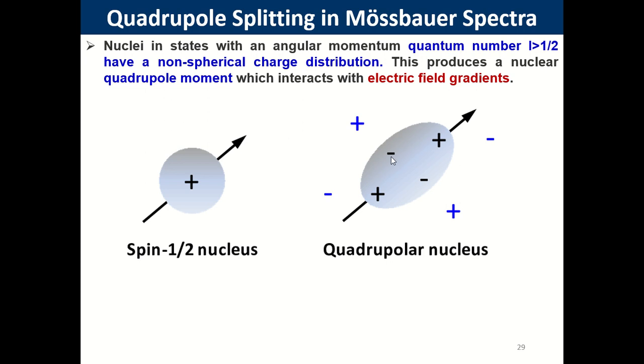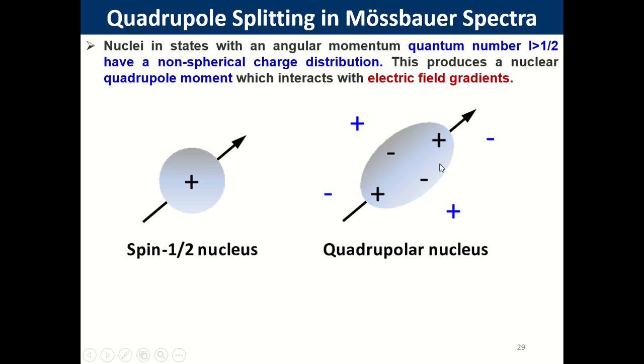And this minus charge is coming from where? This is due to the s electron density. The s electron has maximum amplitude at the nucleus, and that's what we are seeing over here.